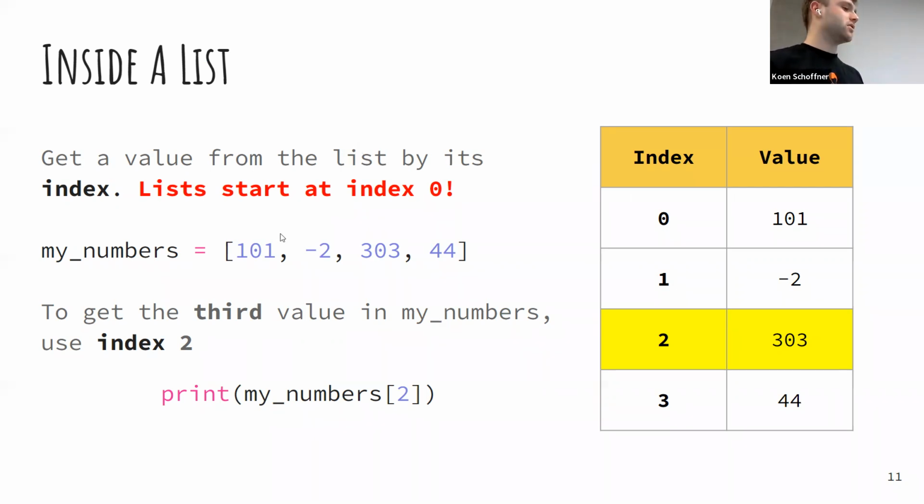So as you can see here, 101 would be the 0th index, and 303 is the second index. This is how you would retrieve a value. If you wanted to print 303, you say the name of the list, then square brackets right next to it, and then the index number. This will return 303, and that print statement will print out 303.